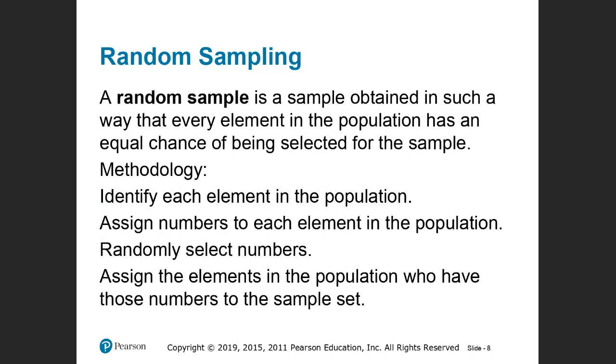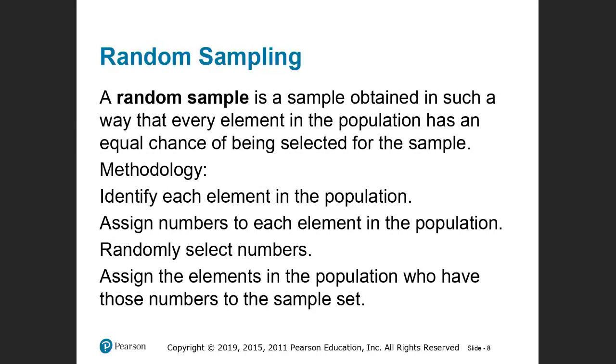We have the term random sampling. The definition: a random sample is a sample obtained in such a way that every element in the population has an equal chance of being selected for the sample. It means you collect meaningful information, and by doing this, you will eventually have a meaningful outcome and results.